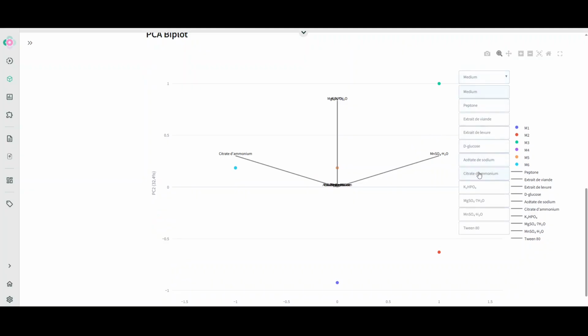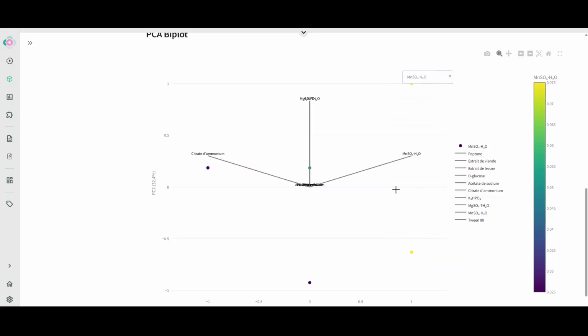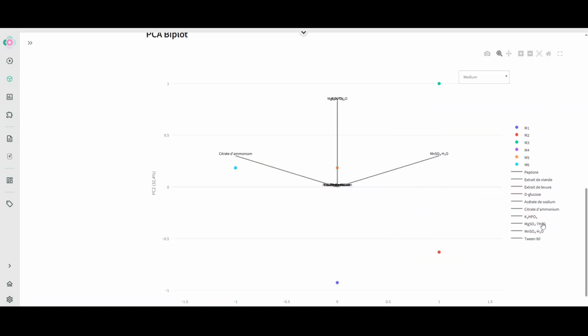PC1 is a contrast between ammonium citrate, whose arrow points to the left, and manganese sulfate, whose arrow points to the right. In other words, PC1 separates media with high citrate from media with high manganese. PC2 is driven almost entirely by dipotassium phosphate and magnesium sulfate, whose arrow points straight upward.